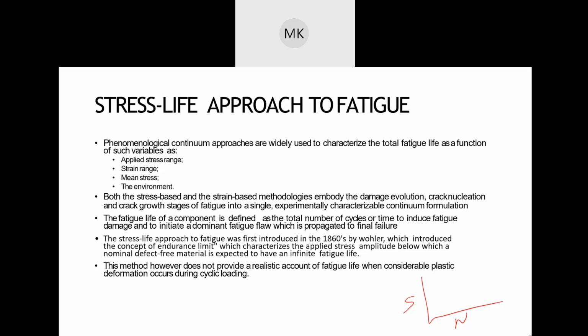The best way to look at this is, let's say a material has an 800 MPa yield strength. Once it has an 800 MPa yield strength, you start testing it in fatigue with a maximum stress of 750 MPa.